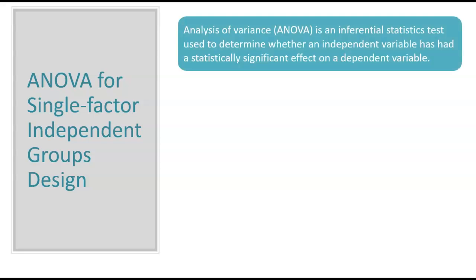Now the ANOVA for single factor independent groups designs, and let's unpack that: one independent variable, independent groups, meaning you have separate sets of people who define basically your separate groups. The ANOVA is basically an inferential stats test that allows you to determine whether your independent variable has a significant effect on your dependent variable or variables.